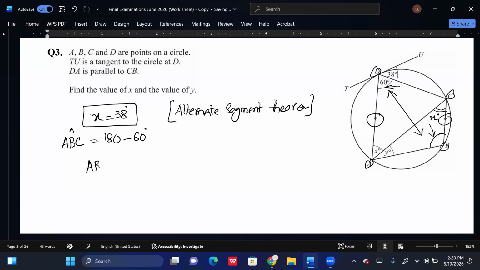So angle ABC will be equal to 120 degrees.